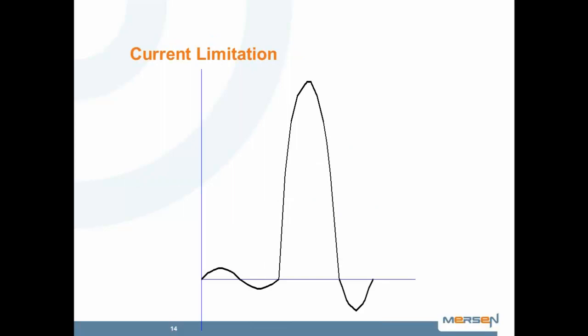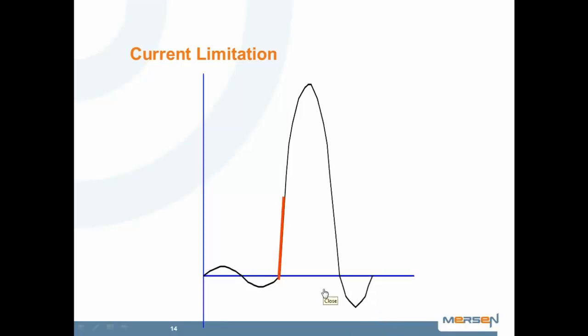So let's look at a waveform here. We have the red line indicating the current going through the fuse.